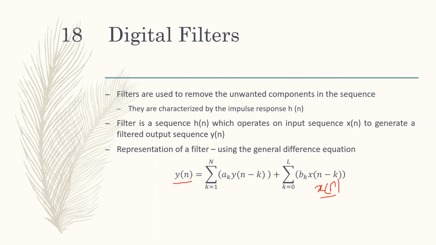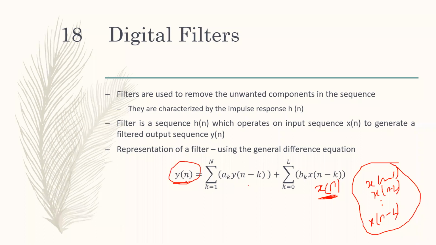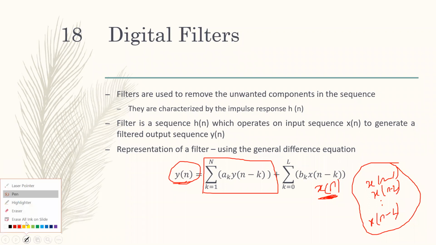If I go on substituting the others, I'll be getting x of n minus 1, x of n minus 2, and so on up to x of n minus l. So these all are the past values. And another specification given was that this output does not depend on the previous output. So this term won't be present in the FIR filter response equation.